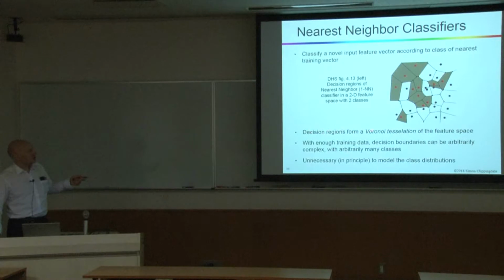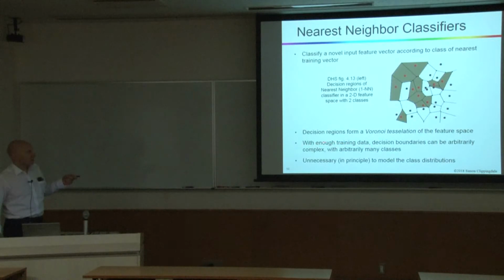The decision regions, which are all of these polygons here, form a so-called Voronoi tessellation of the feature space. If an input lands here, for example, it's going to be classified as the red class. If it lands here, for example, it's going to be classified as the black class. This pattern of polygons is a Voronoi tessellation, where each of these lines crosses midway between each pair of neighboring data points.